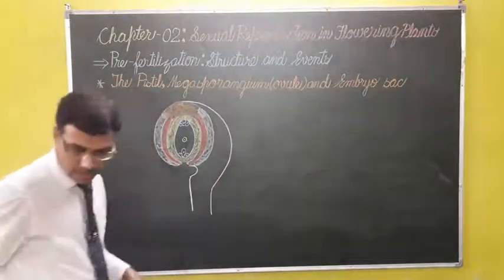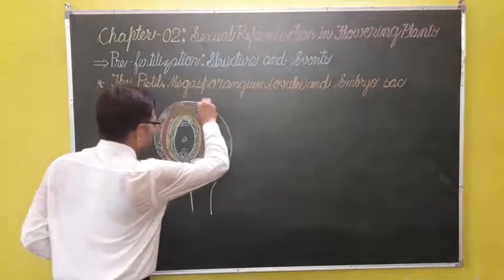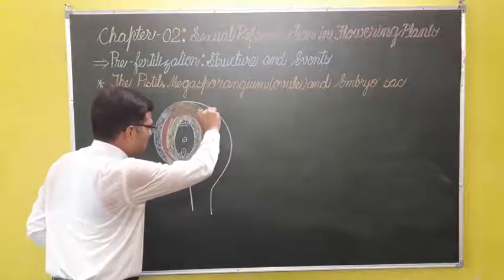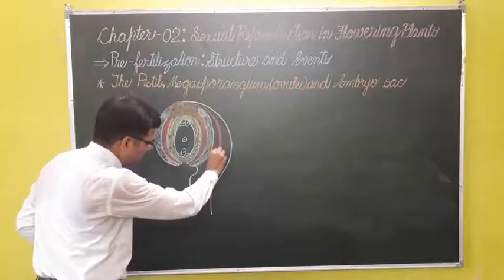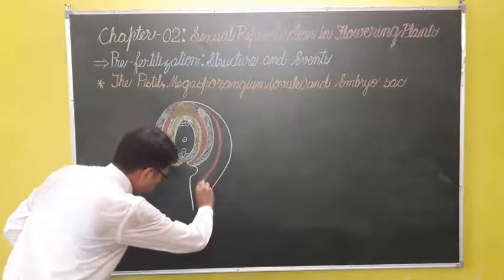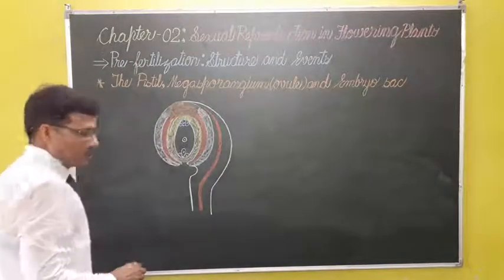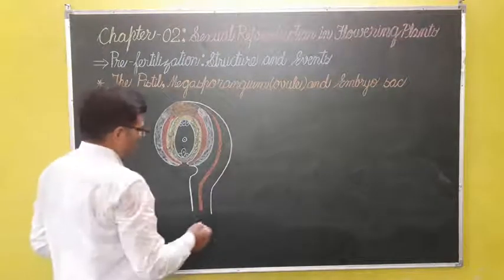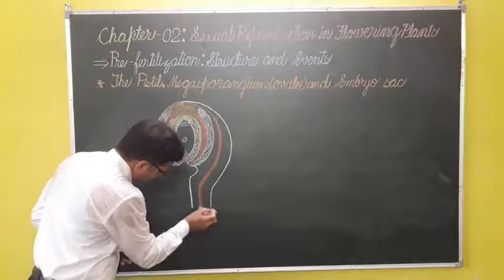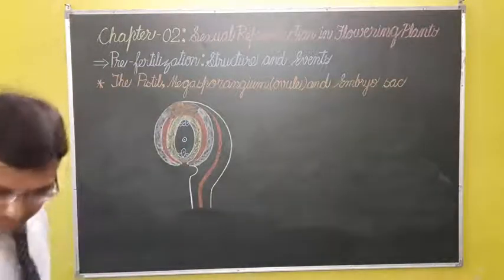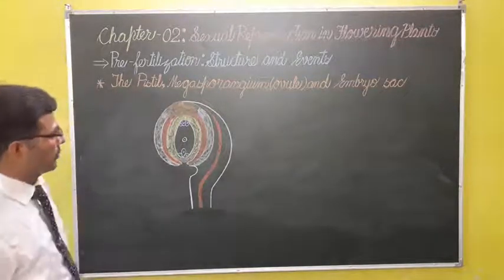Now, for the nourishment, here is the supply of the vascular bundle through this funicle. So through this vascular bundle, the ovule gets nourishment. So this is a typical ovule.